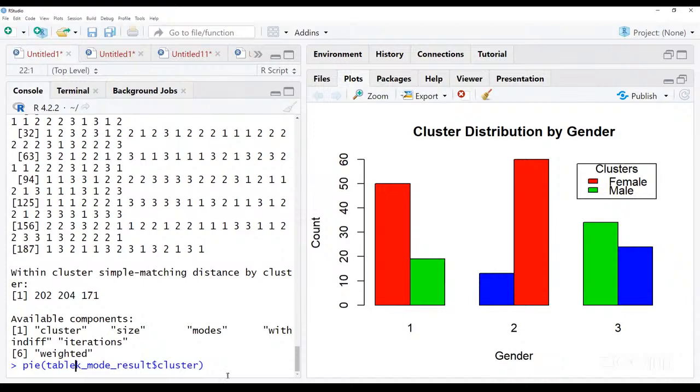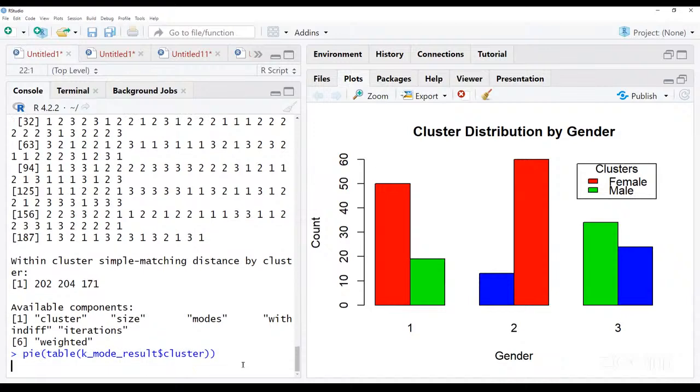Table is the function. After table, open bracket. After pie, open bracket. After table, open bracket. Table. Yeah. Then enter.